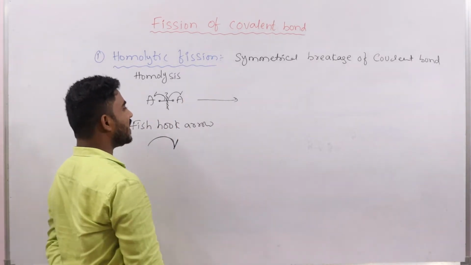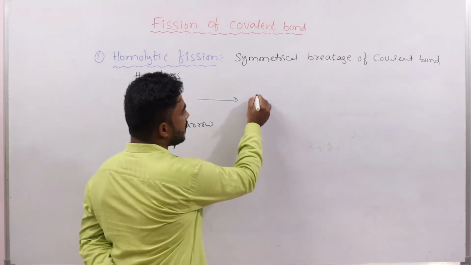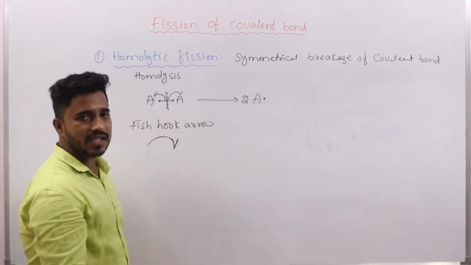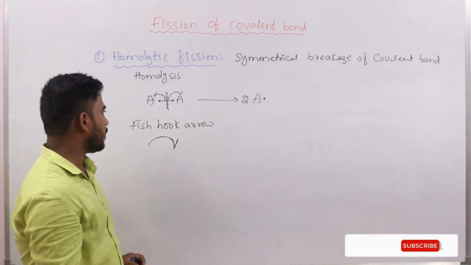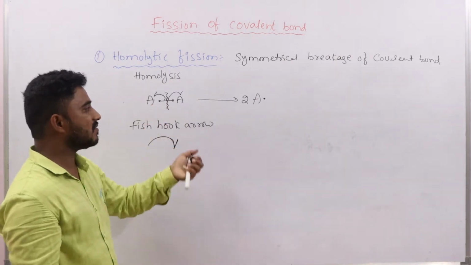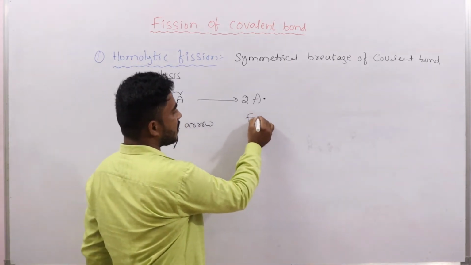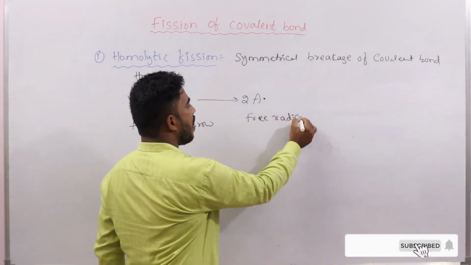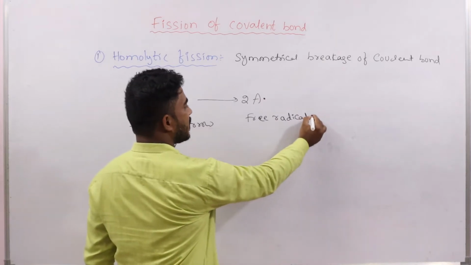Due to this homolytic cleavage, free radical formation takes place. Two free radicals will form, because the two atoms are converted into free radicals. The species formed due to homolytic fission are called free radicals.